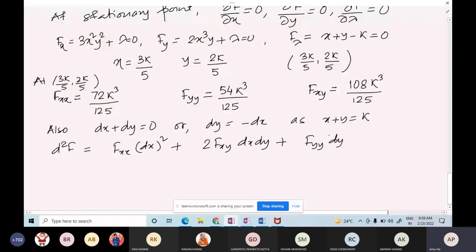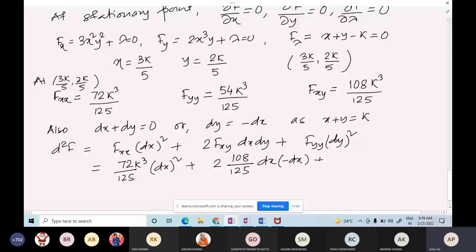We put fxx as 72 by 125 k cube dx square, then fxy as 108 by 125 k cube dx, and instead of dy I write minus dx. Then fyy as 54 k cube by 125 dy square, and instead of dy square I write dx square.